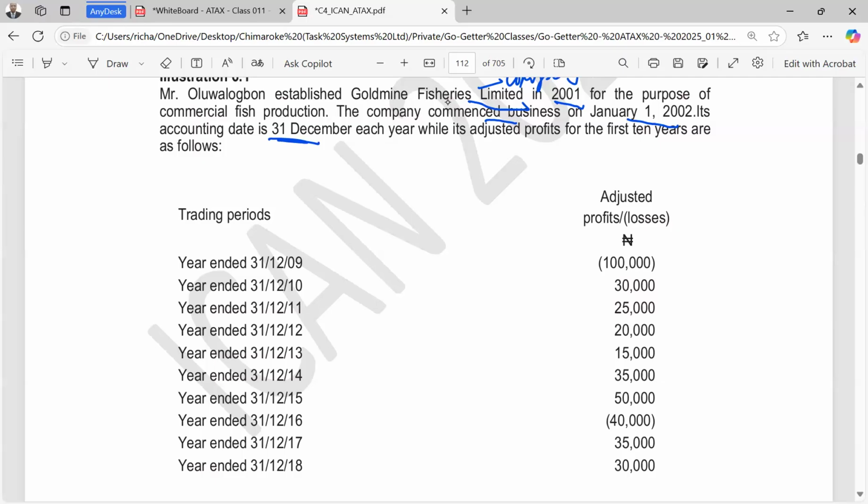And you'll be seeing how that law we gave, that the loss you incurred in a year should not be more than the actual loss, you will see it here.